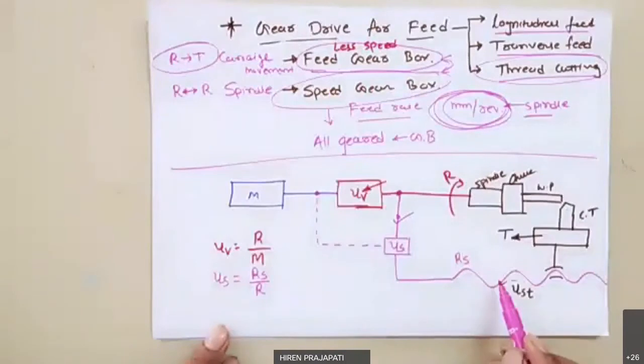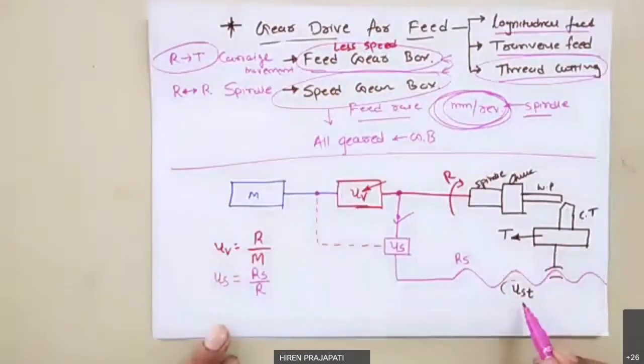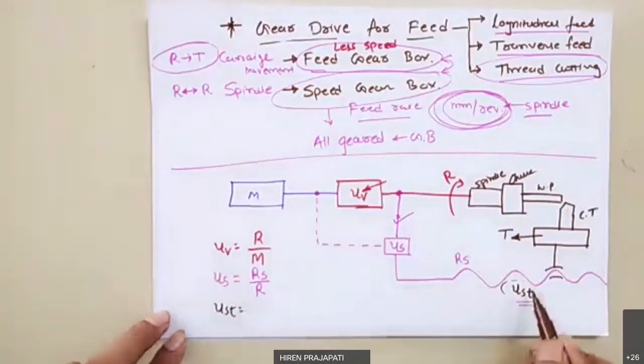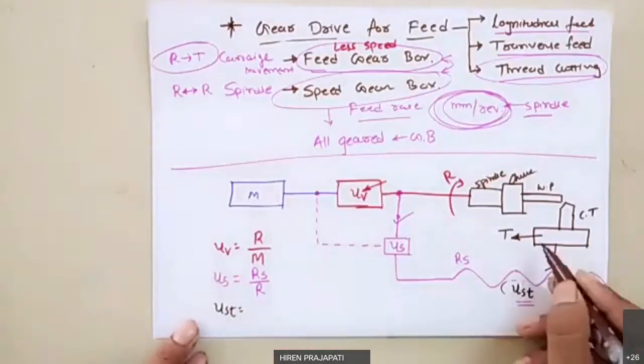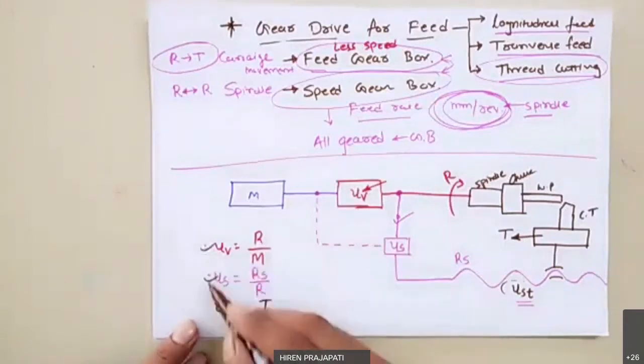Now what will be the translation of this carriage? That depends on this UST, which is based on the pitch and number of starts of the lead screw. As an output we are getting translation, and input is RS, right? So this is what we got here, all three transmission ratios.